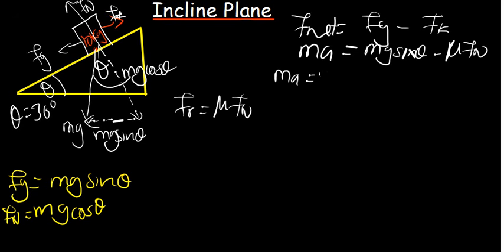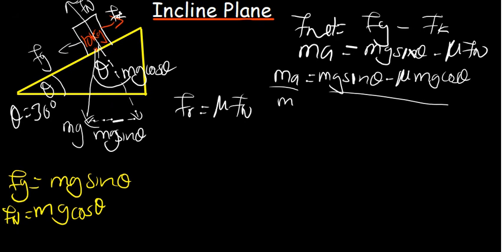We have that one minus, we have normal force is mg cos theta. If I want to divide everywhere by m, we have acceleration is equal to, if I want, I can isolate m and g because they are the same.